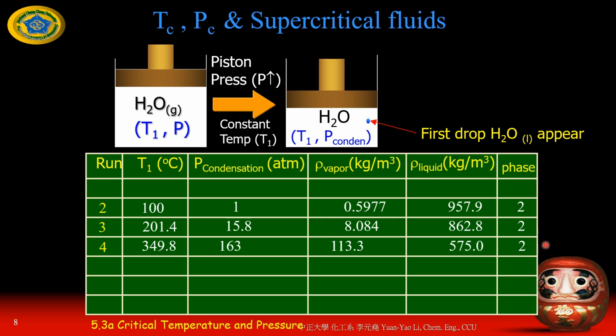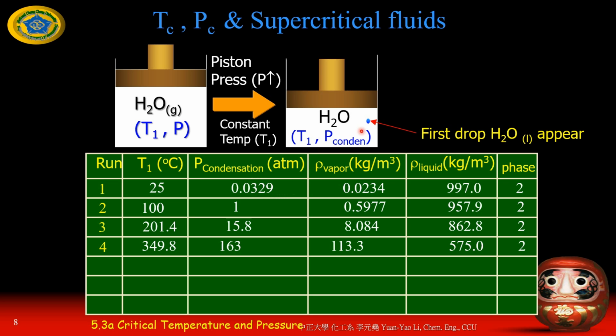You might say, well, Professor, I don't want to increase the temperature, I want to decrease the temperature. What happens if I decrease the temperature to 25? Imagine all the gas, the temperature is 25, and this is in gas phase. You start to push the piston down to make this volume smaller. So the first drop condensed will be at 0.0329 atm, which means you don't need to push too hard.